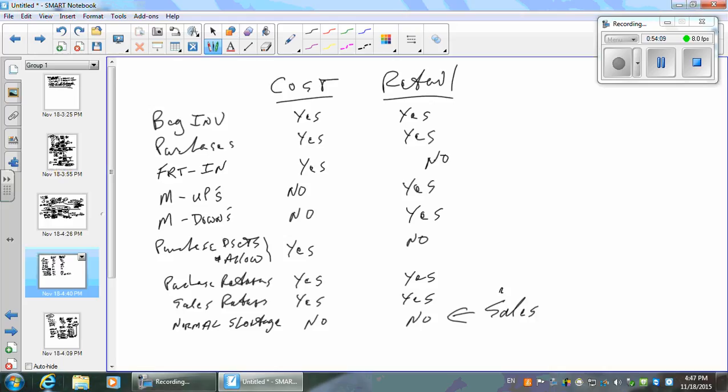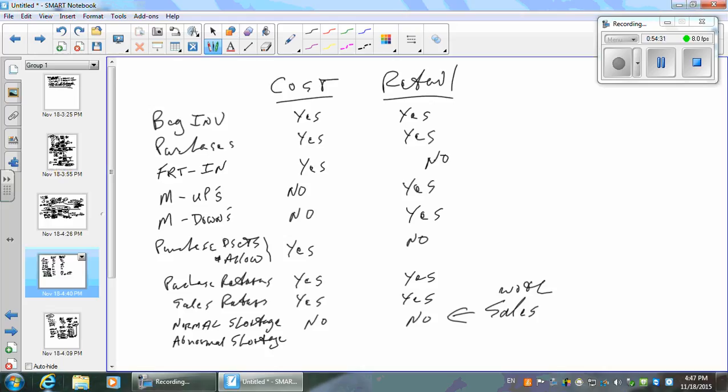Goes with sales. In fact, where did the sales discounts and sales allowances go? With sales, down at the bottom. How about an abnormal shortage? Extremely material.